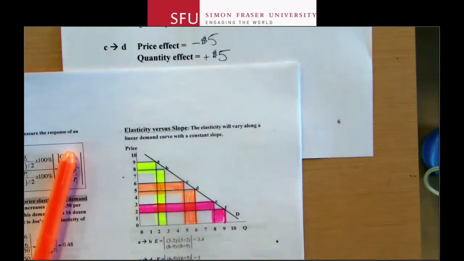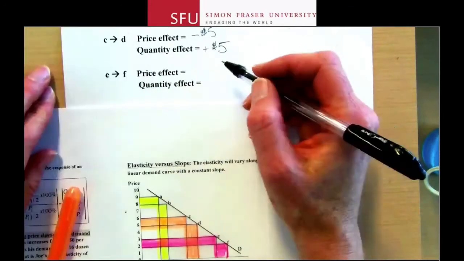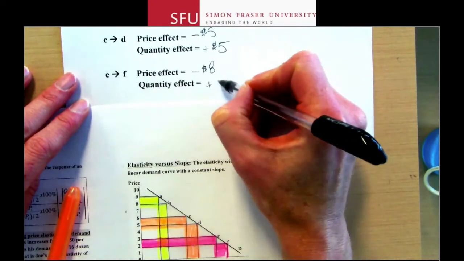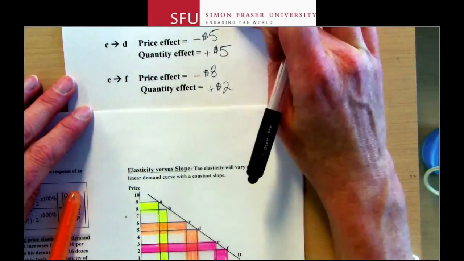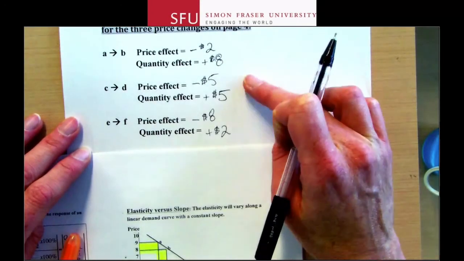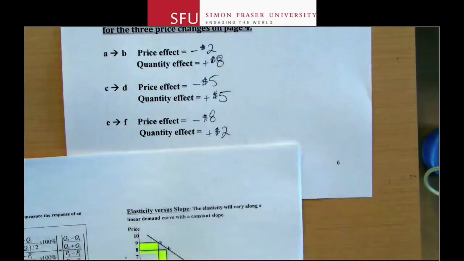So they lose 8, gain 2. Okay, so last one there, minus 8 plus 2. So the revenue goes up by 6 at one pair of points, no change at another, and revenue goes down by 6 between those last 2 points.